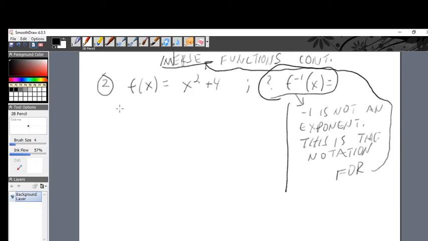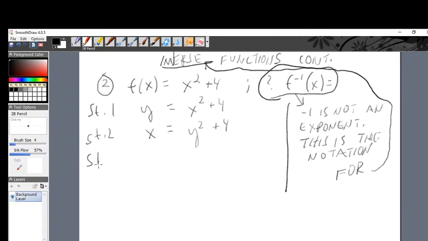Okay, step 1. Change this into y equals x squared plus 4. That's step 1. Step 2. Interchange. Y turns into x, and x turns into y.